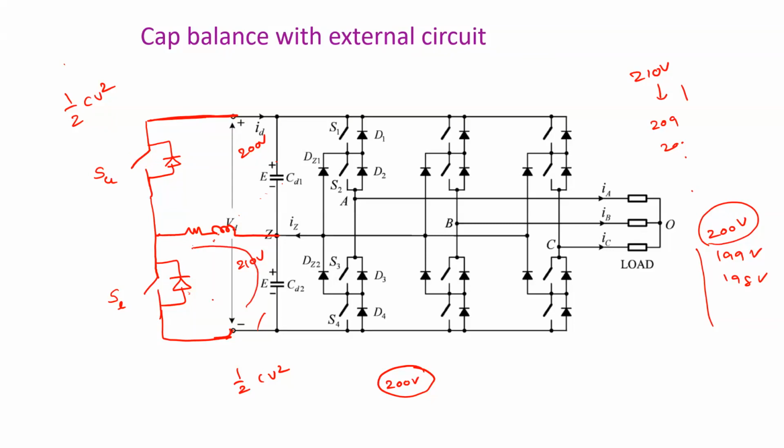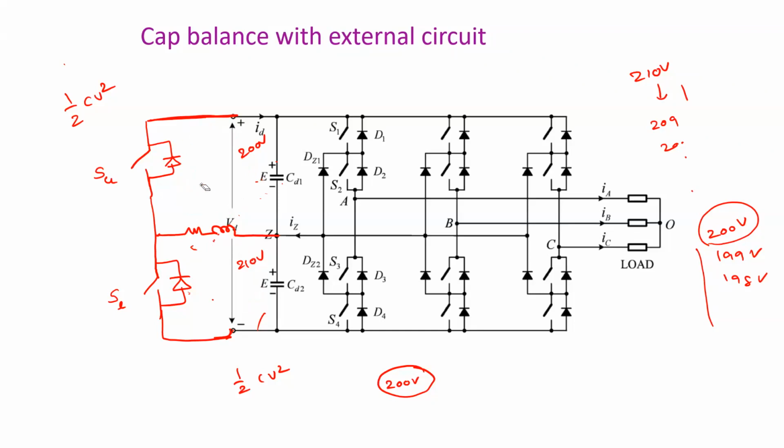So that means the excess voltage is transferred like this, and this is fed via this diode. All right. So by using a two-quadrant chopper, the energy stored in the upper capacitor is transferred to the lower one, and vice versa.